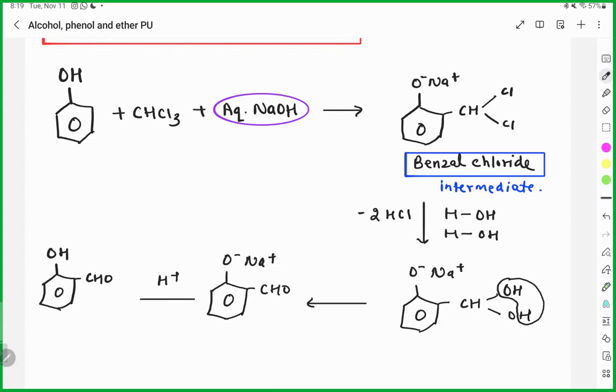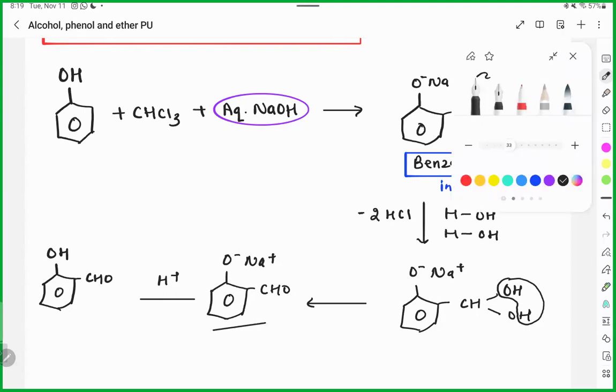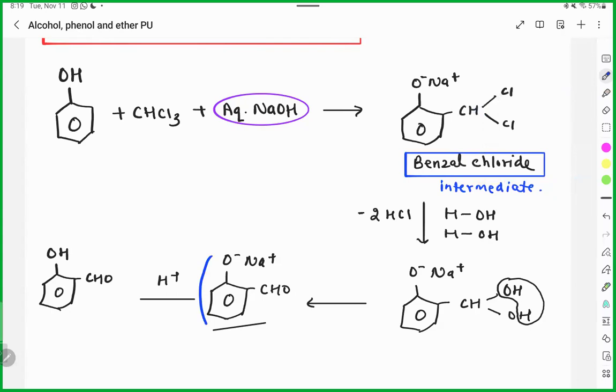Salicyl, because ortho position. No, sir, before that, in the intermediate, just before that. This one. Yes, this is aldehyde, but in the ionic form. Then when you add H positive ion, it will become phenol. So this is also salicylaldehyde.